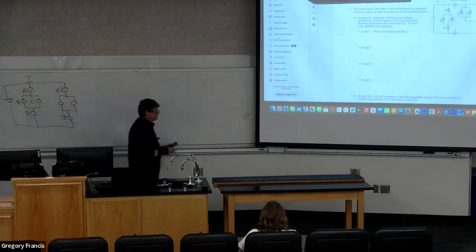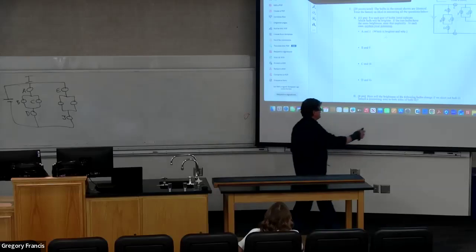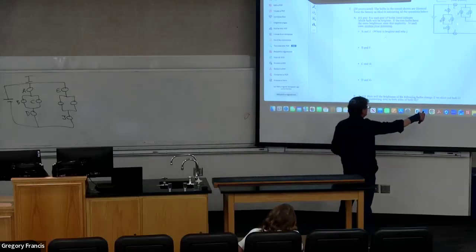And then I ask myself, if Fred goes through E and J, how can he get from one side of the battery to the other side of the battery with only going through one other bulb? Here Fred goes through A and D, and he just has to go through one other bulb, either B or C, not both.